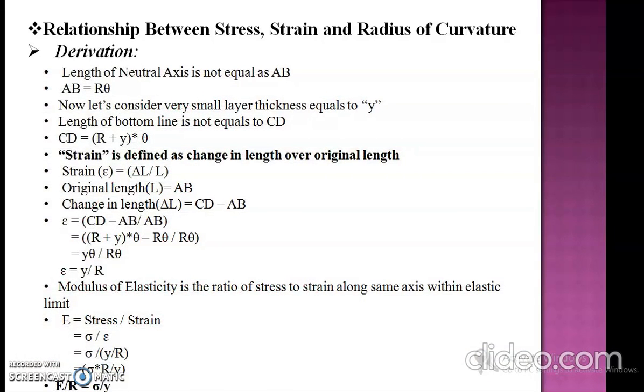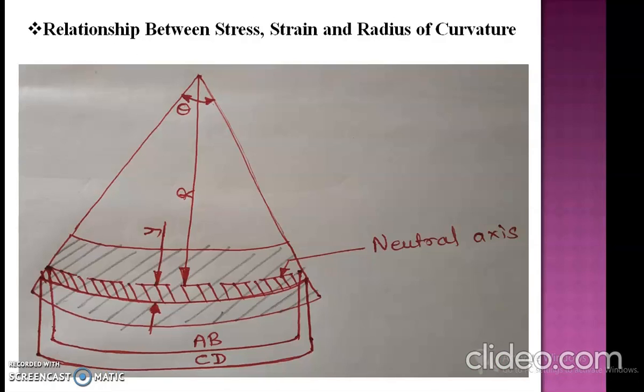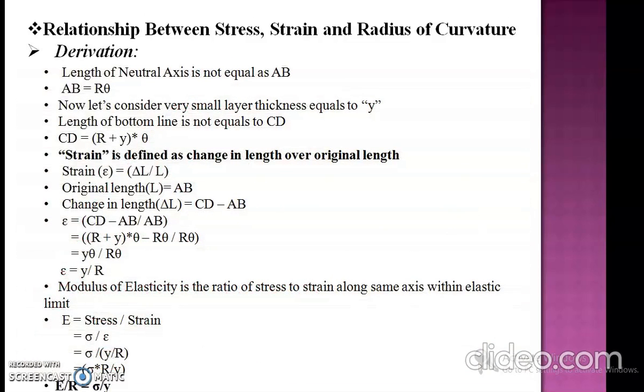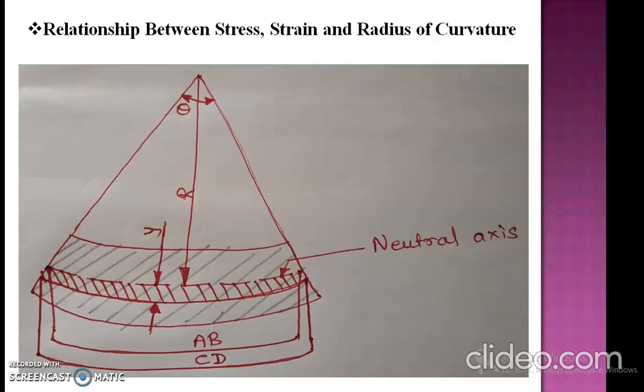As we have seen in the previous image, the length of the neutral axis is not equal to AB, so we have to identify the length of AB.